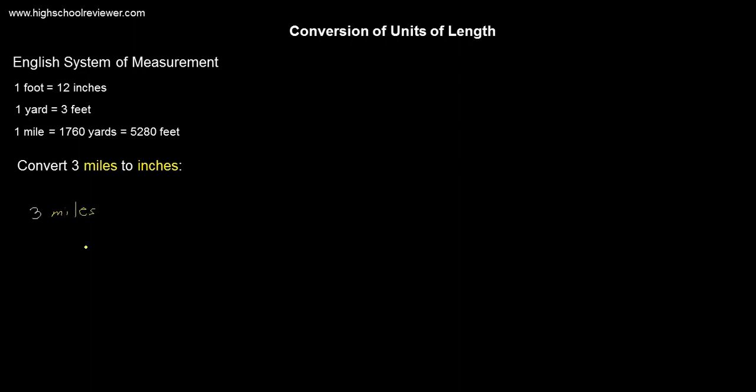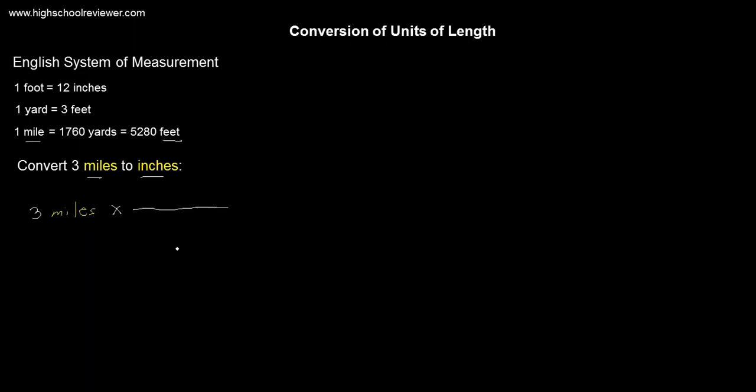Now, 3 miles. There are no equivalents here to convert directly miles to inches. What we need to do is that we will use this one, mile to feet. We are going to use 1 mile equals 5,280 feet. Okay, let's convert this.